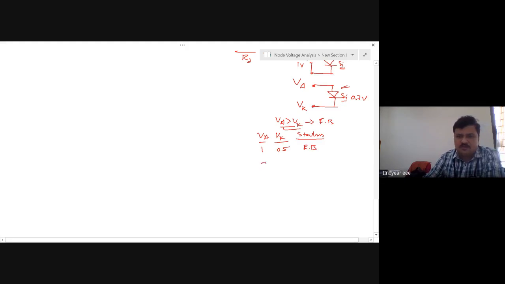Now VA is 2 volts and VK is 0.5 volts. It is forward biased because the difference is 1.5 volts. Now VA is minus 2 volts, VK is 0.5 volts. What is the status of the diode?